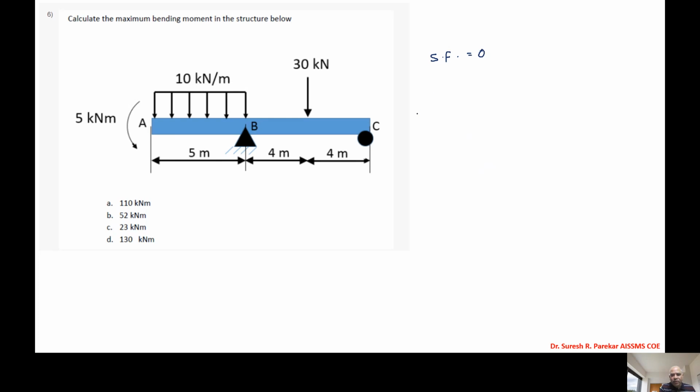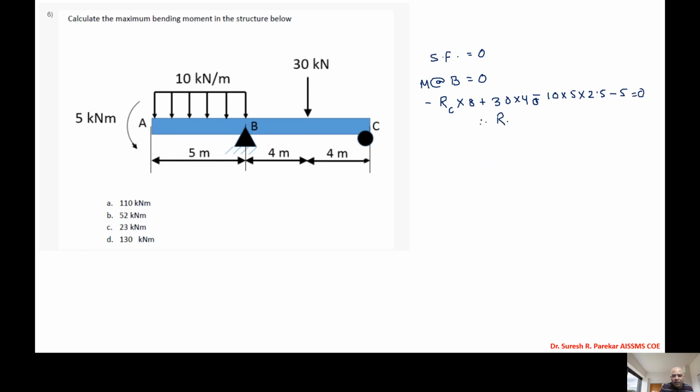Now for this one, we have to find RC first. So we have moment about B equal to 0, and then we can have minus RC into 8 plus 30 into 4 minus 10 into 5 into 2.5 minus 5 equal to 0.